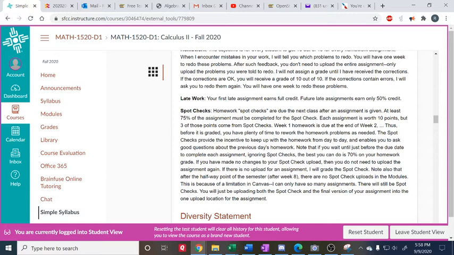So then the spot check part here just describes what I've been telling you about spot checks. So if you need to read that again later, it's all right there. Notice it talks towards the end of that, if you do it all and you do it all correct at the time of the spot check, you don't need to do 2 uploads.